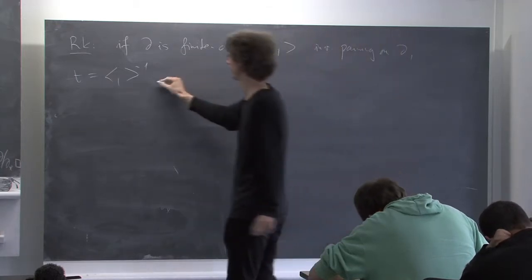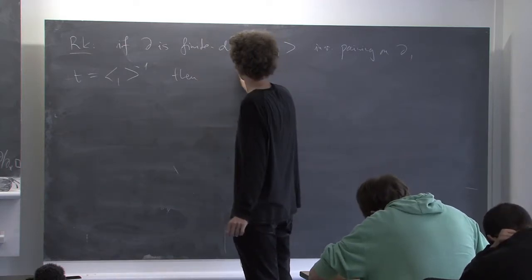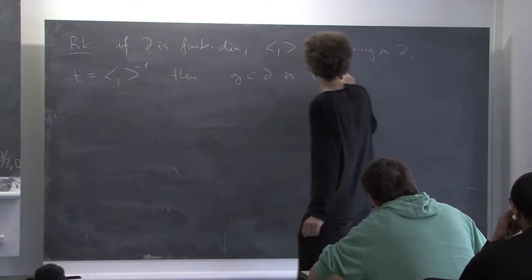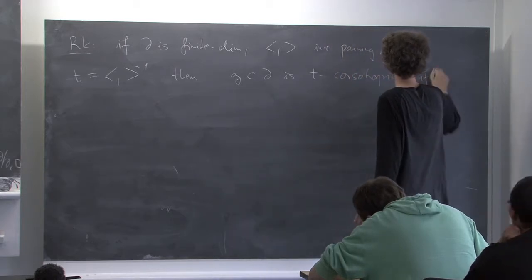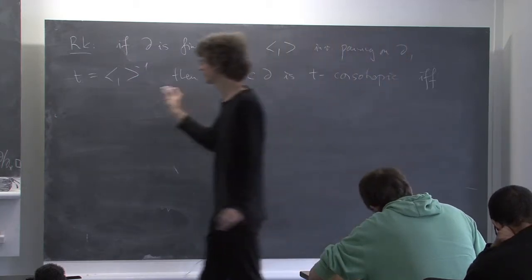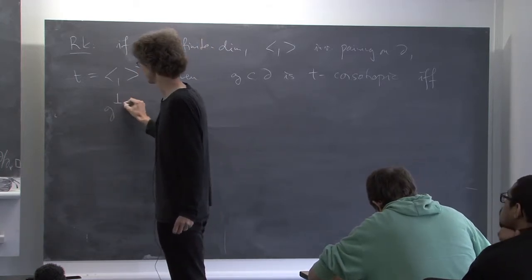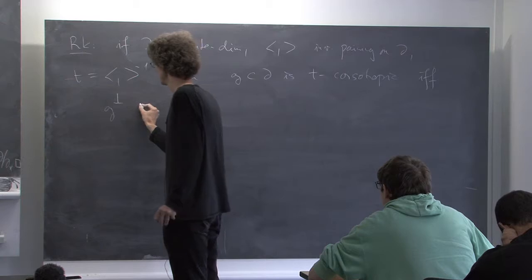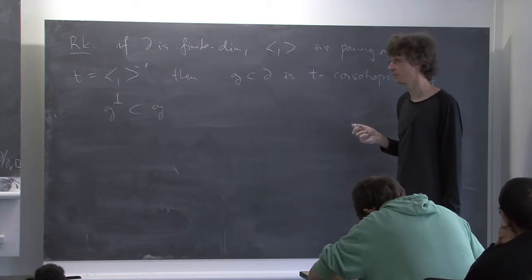Then what does it mean to be coisotropic? Some 𝔤 part of D is T-coisotropic if and only if it is coisotropic in the normal sense, and if and only if the things orthogonal to 𝔤 in D are part of 𝔤. This is one thing.